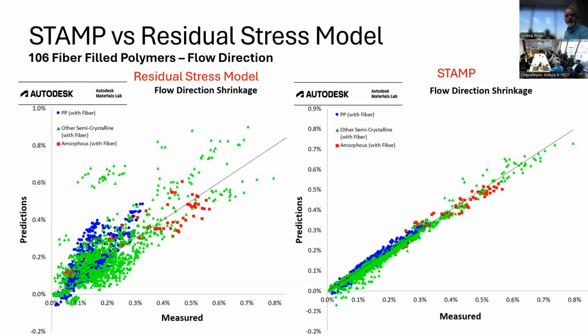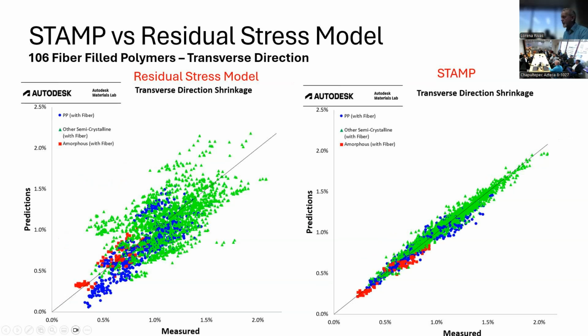Same thing for fiber-filled materials. Again, we see a fair bit of scatter between measured data and the shrinkage prediction with residual stress, and with stamp, we see a very nicely centered data structure around the diagonal line, for the flow direction and the same thing for the transverse flow direction.